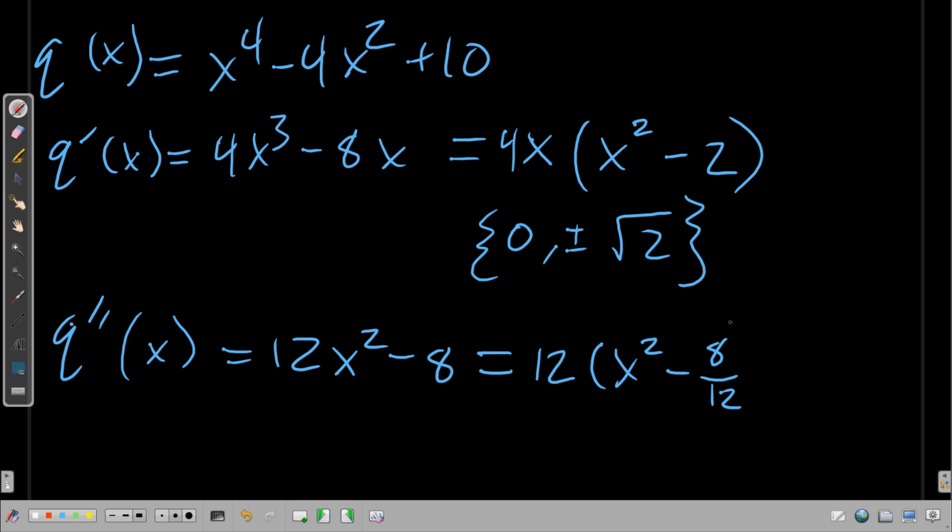So the 4's would cancel, and this would just be 2/3. Okay, then my potential inflection points are plus or minus square root of 2/3.